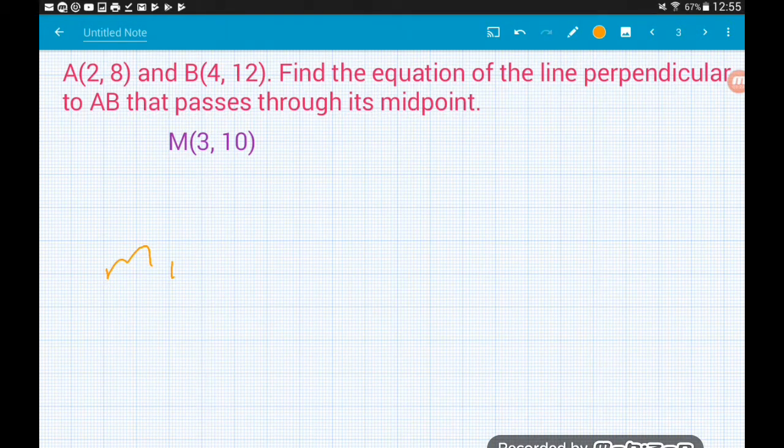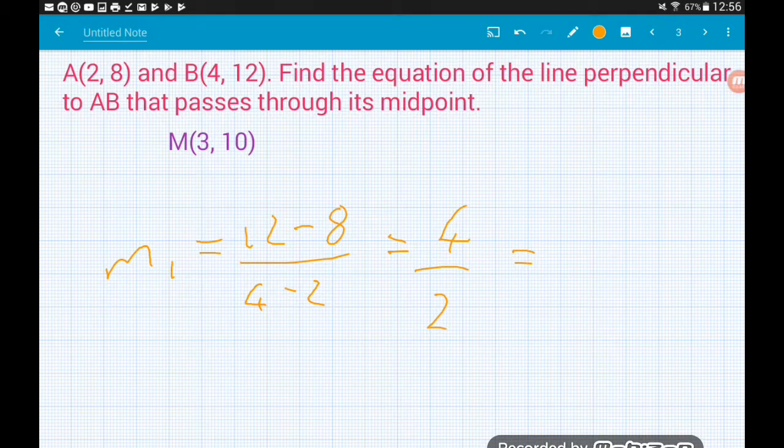Okay, so to find gradients, remember that's the difference in our y values, so here 12 take away 8, divided by the difference in our x values, so 4 take away 2. So 12 take away 8 on top gives us 4, and on the bottom 4 take away 2 gives us 2.